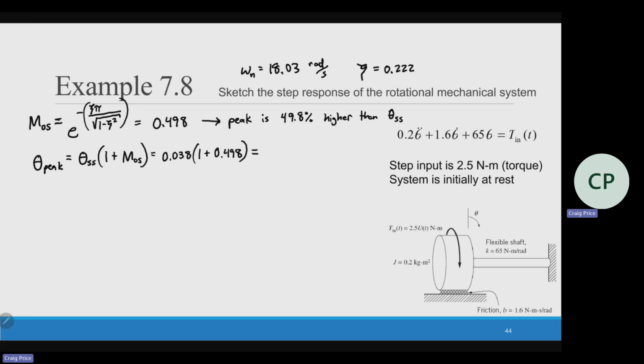And that's going to give us our peak value in radians. So it should be 50% higher. Not exactly 50, but close. So 1.498 times that gives me a peak of 0.058 radians.